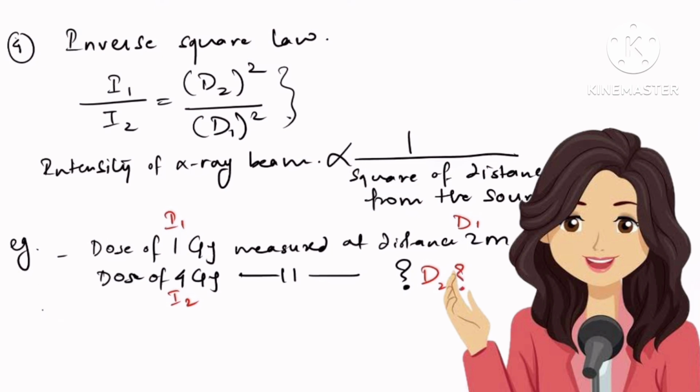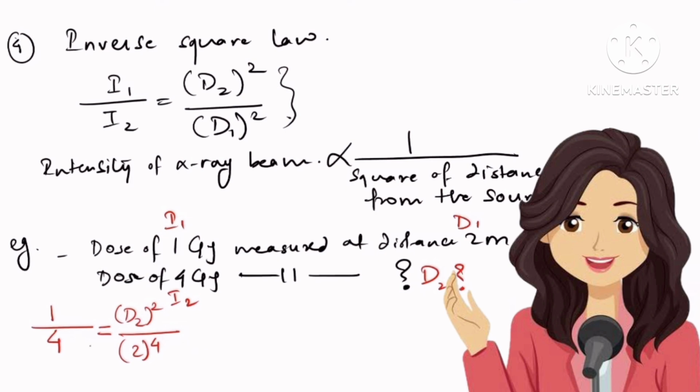So I1 upon I2 is equal to D2 square, which we need to find out, upon D1 square, which is this.